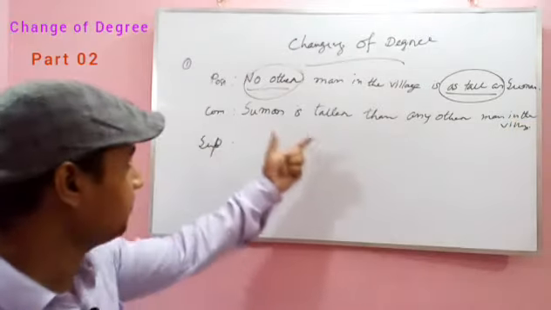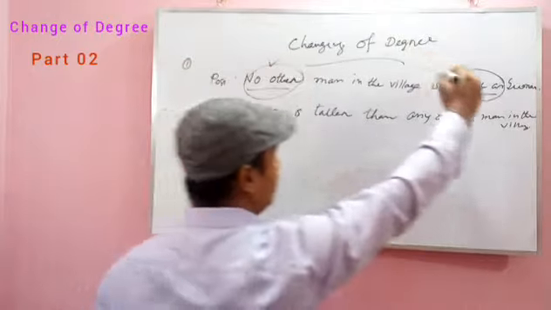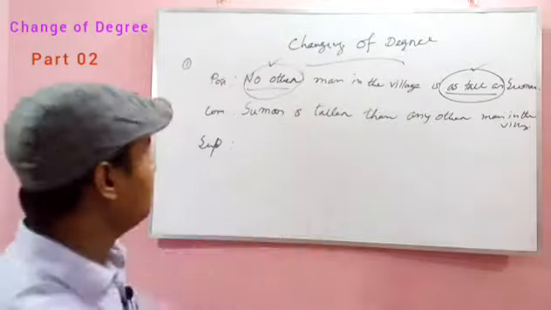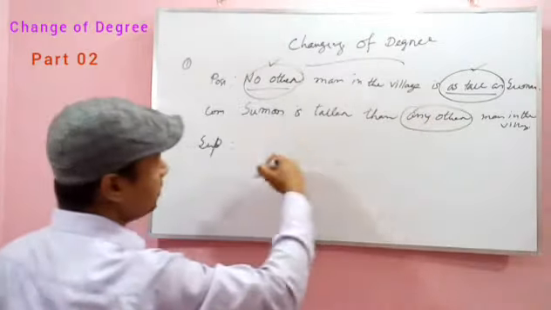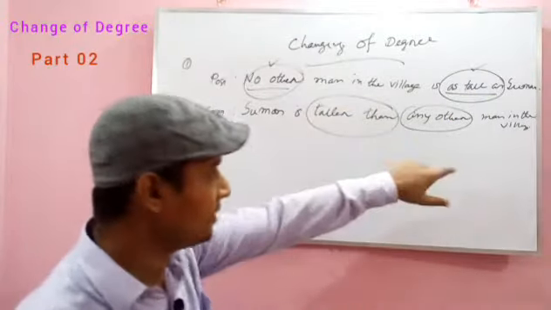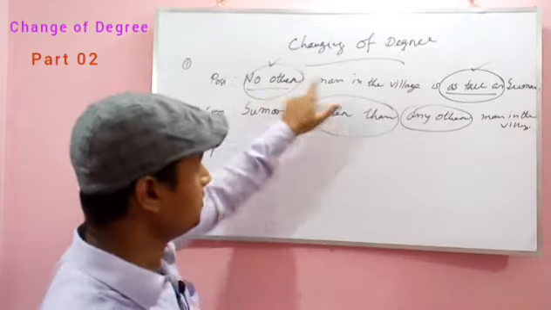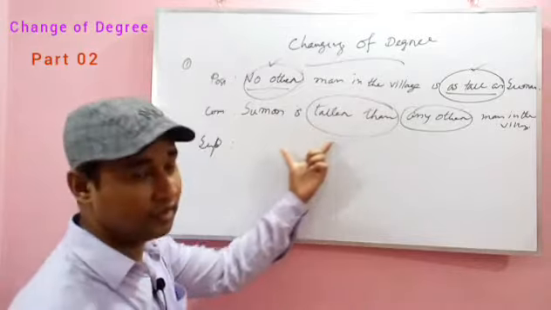Please notice that only two parts of the sentence are changed. As dot dot as changes into taller than, and no other changes into any other. Only these two parts, and the others are the same.